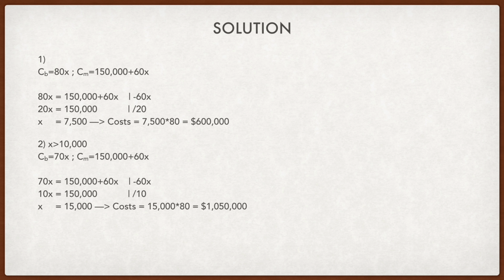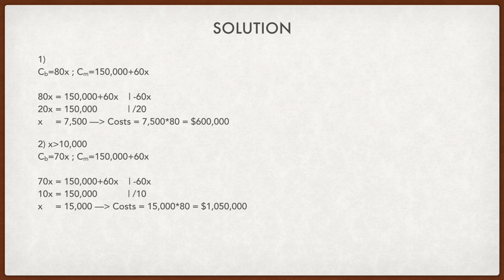So 70x equals 150,000 plus 60x, minus 60x, and 10x equals 150,000, divided by 10. So x would be 15,000, and this means that at a capacity of 15,000 units, you break even. So the costs of buying and making is both 1,050,000.